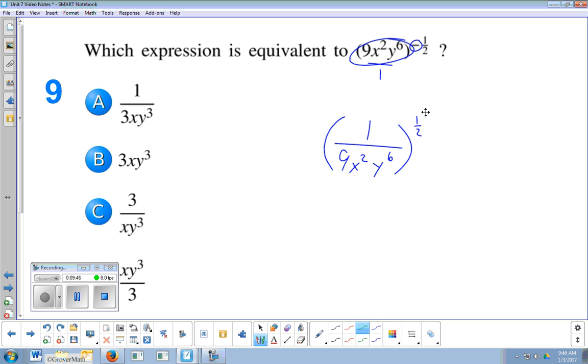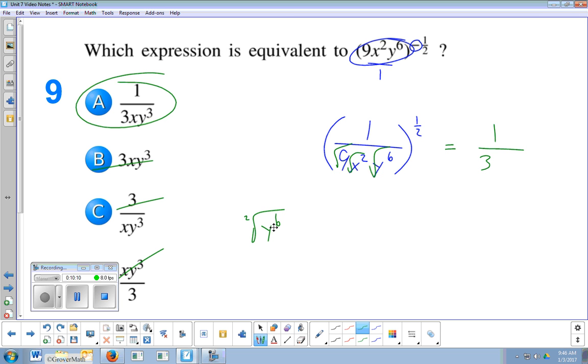Now doing the square root of this, well, the square root of 1 on top, of course, is 1. And that rules out pretty much all these other choices. It is going to be a, but let me explain the rest. The square root of 9, of course, is 3. And then the square root of variables, when you're doing something like y to the 6th, now this is a square root, so let me put a little 2 out there just for reference.